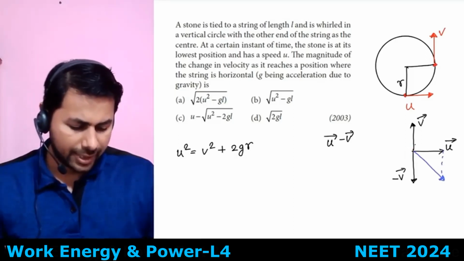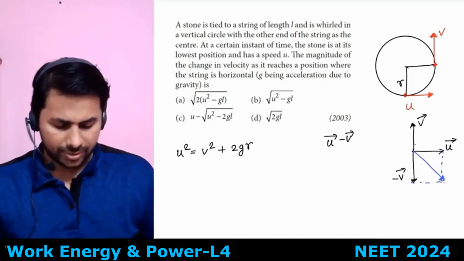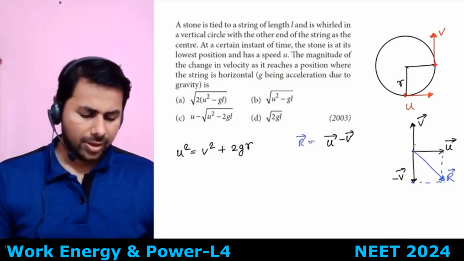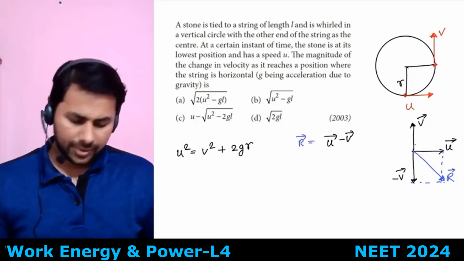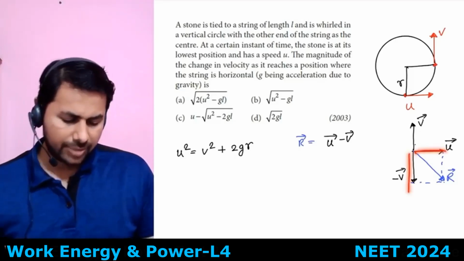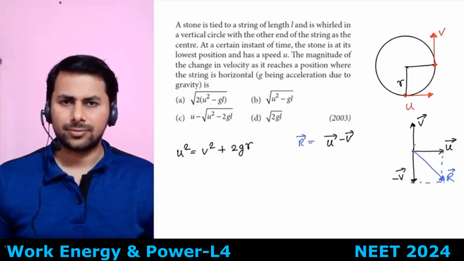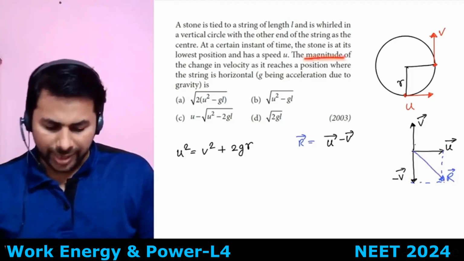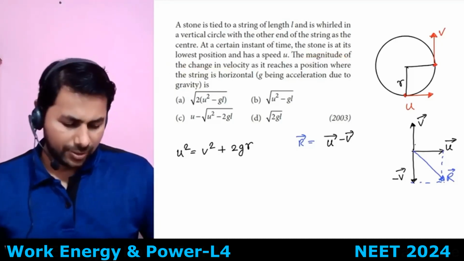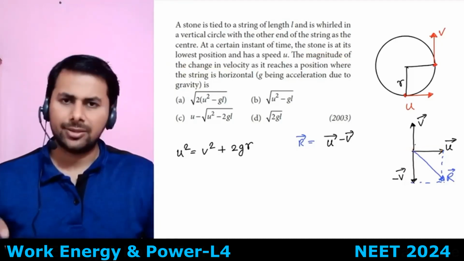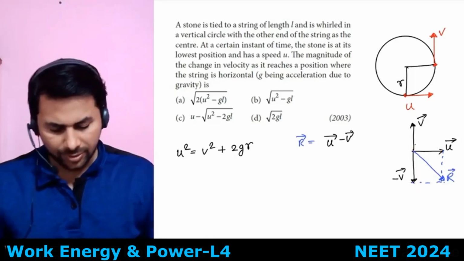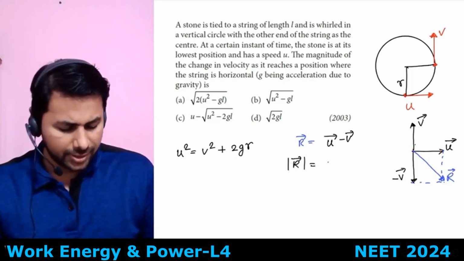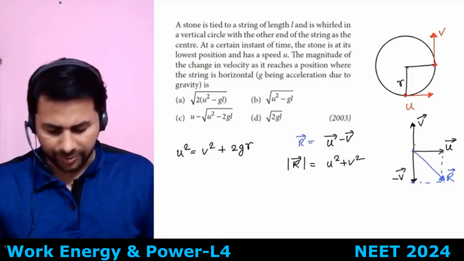But in magnitude, I can say this is, suppose, r, which is u bar minus v bar. In magnitude, it will be u square plus v square. I want just the magnitude, because it asks for the magnitude of change in velocity. So the magnitude of r bar is just u square plus v square.